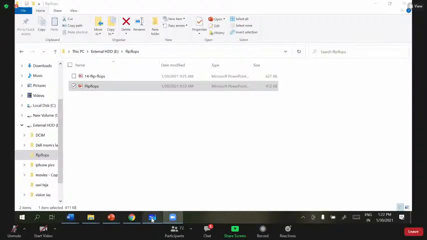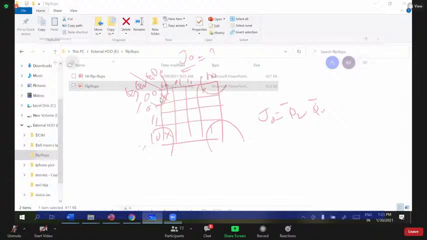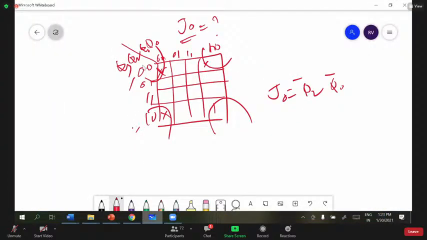Just observe this. Suppose you are writing the expression J0, then use this 4-variable K-map and mention it like this. So only one is there. You can make use of the don't cares and write the expressions for that. So for this J0, you can see this is Q2 bar, and this Q0 bar you can get here.